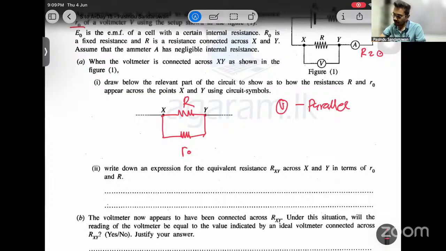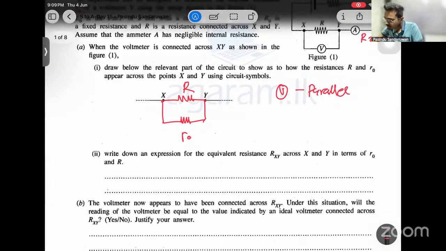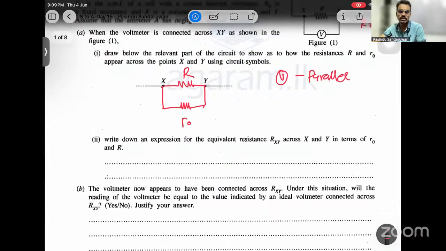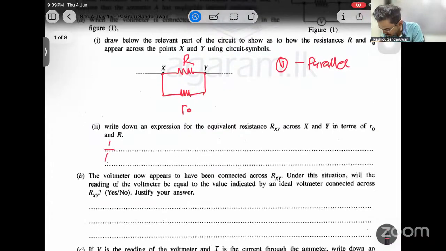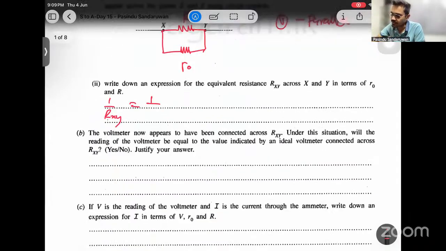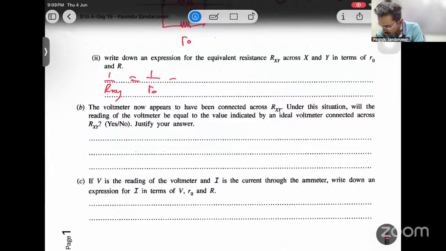Next, write down an expression for the equivalent resistance RXY across X and Y in terms of R naught and R. That is very straightforward because R and R naught are in a parallel combination. Since they are in parallel, you can simplify as two parallel resistors. Then 1 over RXY equals 1 over R naught plus 1 over R. Simplify this.